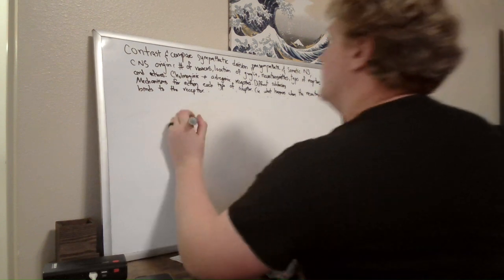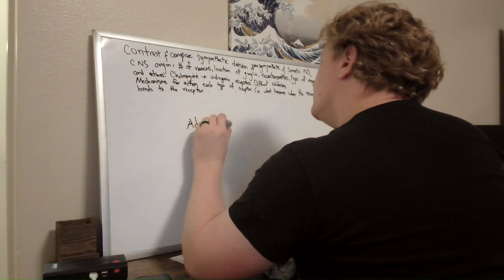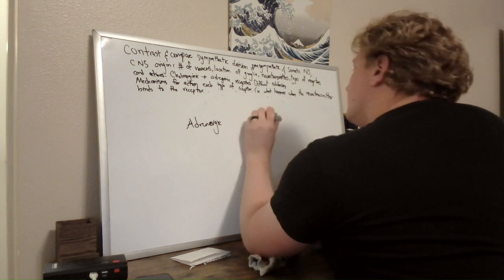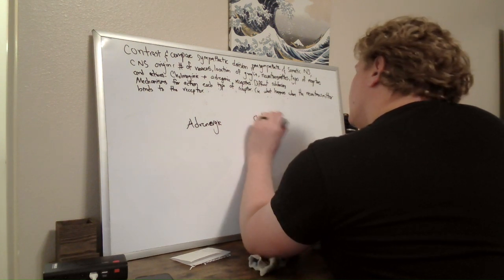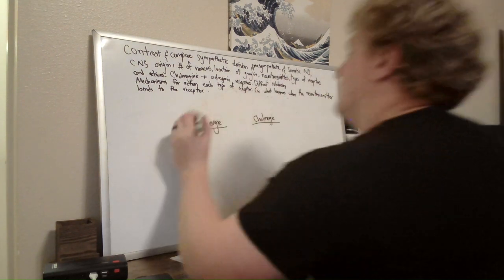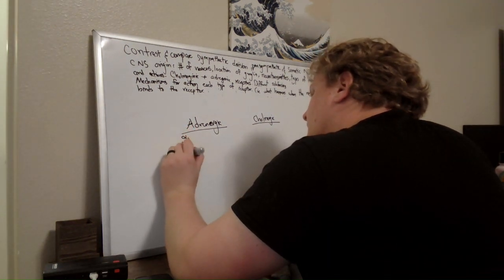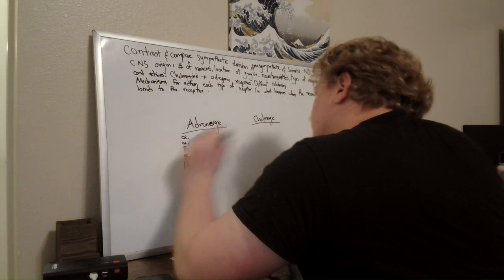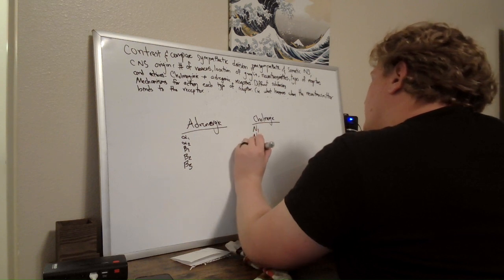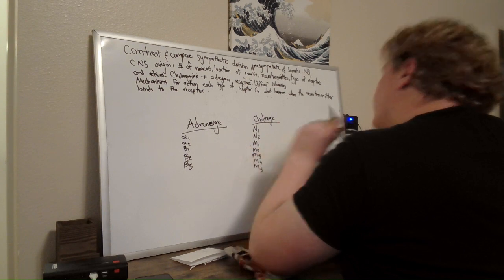Okay, so we have adrenergic, which is going to be alpha 1, alpha 2, beta 1, beta 2, beta 3. Cholinergic is our N1, N2, M1, M2, M3, M4, and M5.